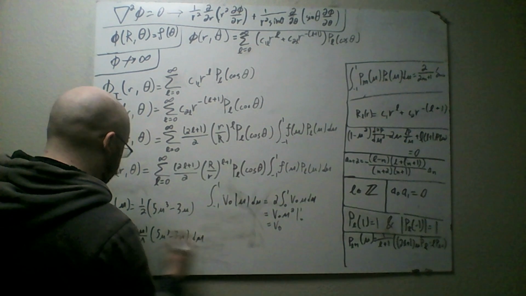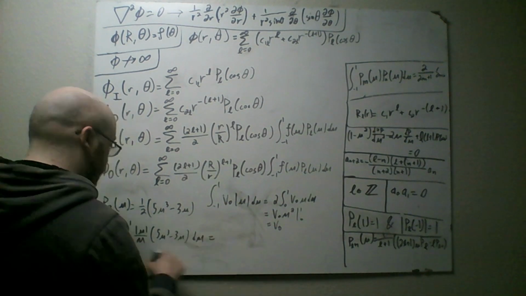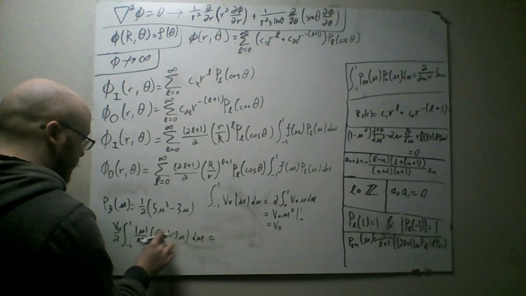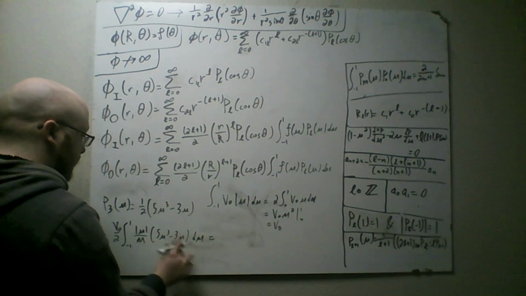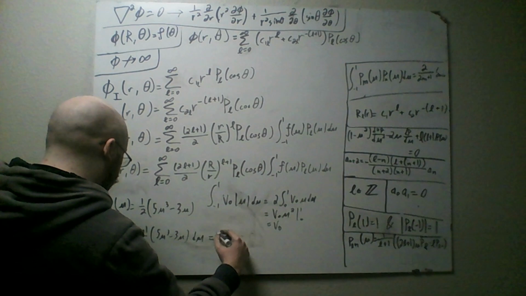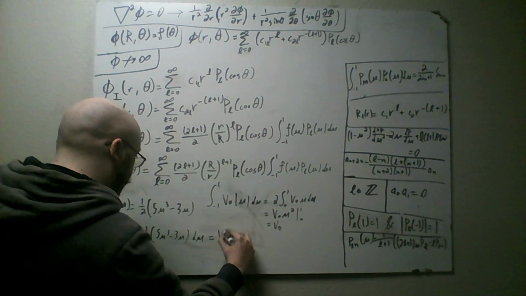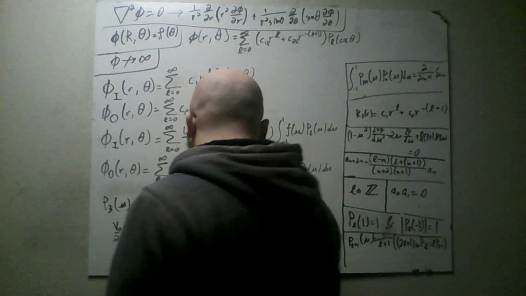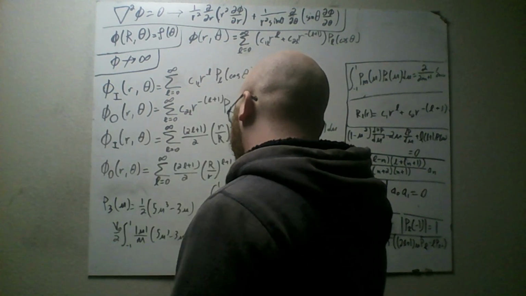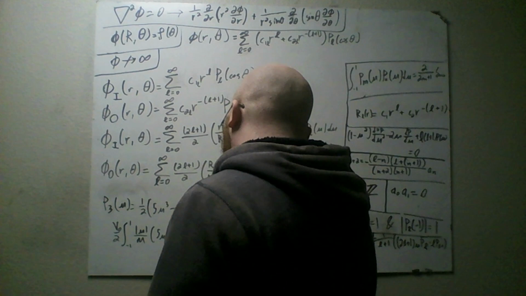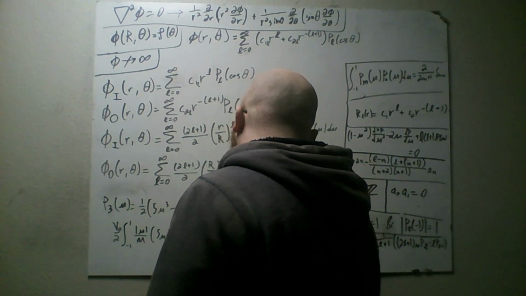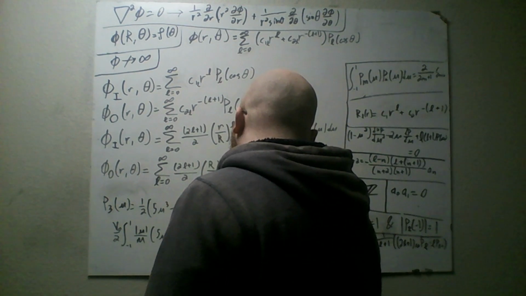Mu, this is an even function, so this right here, because you get an even function times this, cancels out the oddness of this, so it ends up being v naught times the integral from 0 to 1 of 5 mu cubed minus 3 mu.